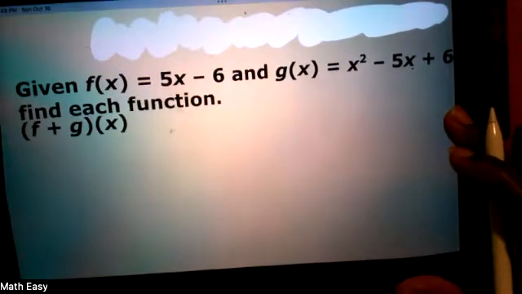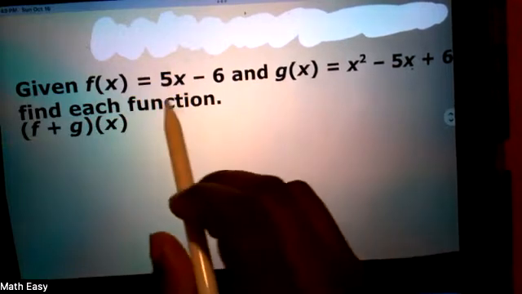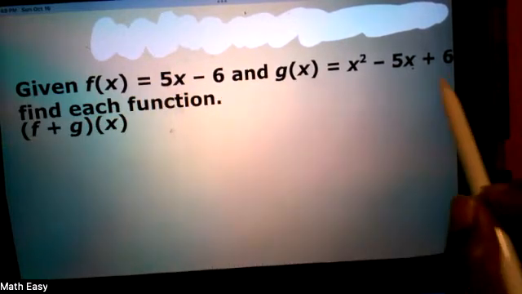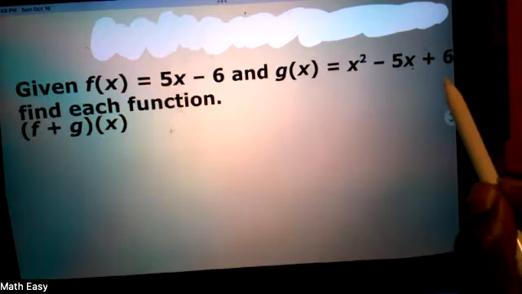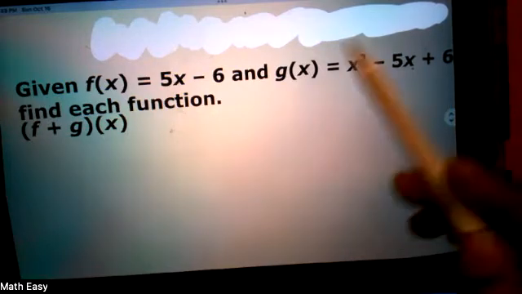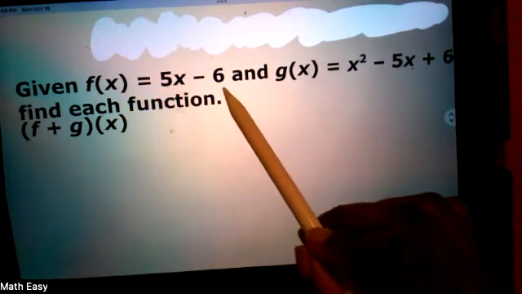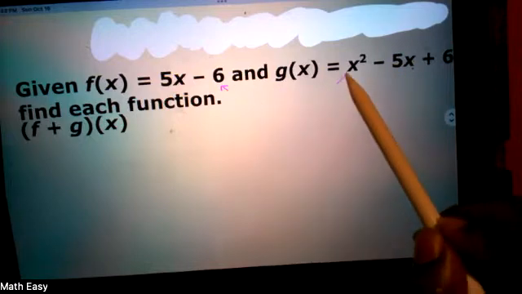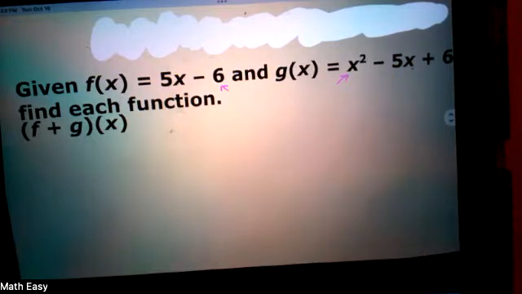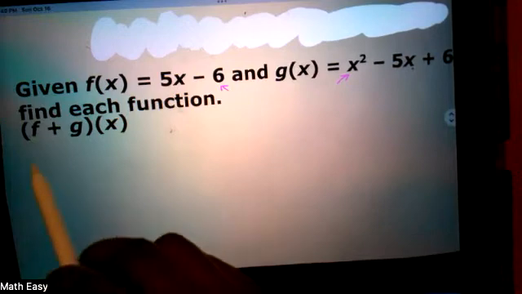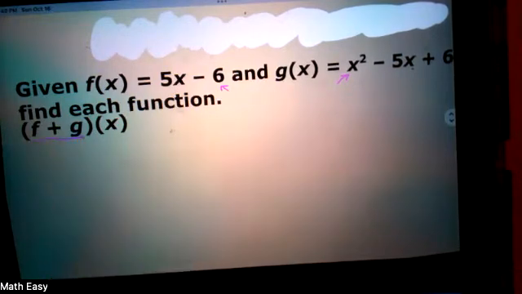Now we have another example. f of x is 5x minus 6, and g of x is x squared minus 5x plus 6. Please note that this is a linear function and this is a quadratic function because of the x squared there. It doesn't matter. We're going to add as normal, subtract as normal based on our question.